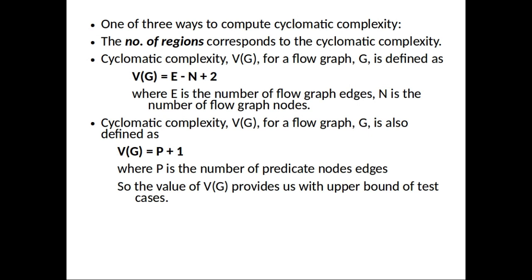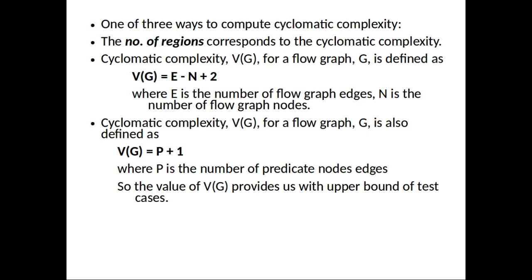So if we refer once more to the flow graph that we discussed earlier, the cyclomatic complexity can be computed using each of the algorithms just noted. The flow graph has 4 regions. Also, the flow graph consists of 11 edges and 9 nodes, so V of G equals 11 minus 9 plus 2, equal to 4. Again, through the third method, it has 3 predicate nodes, so V of G is equal to 3 plus 1, equal to 4.